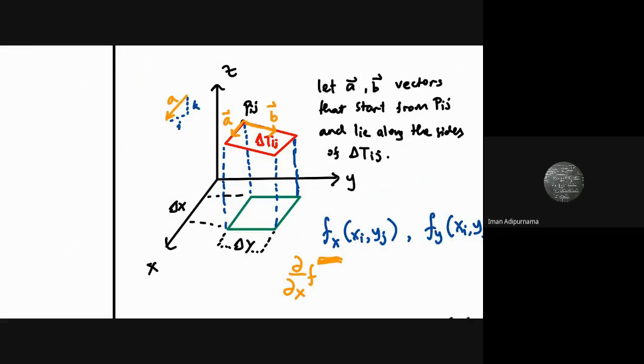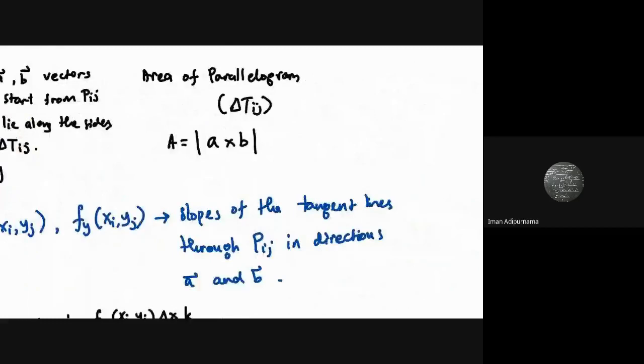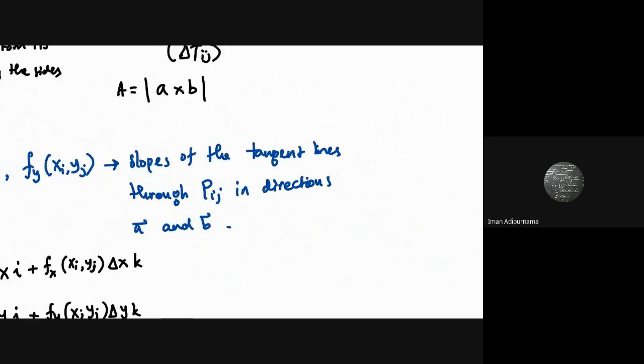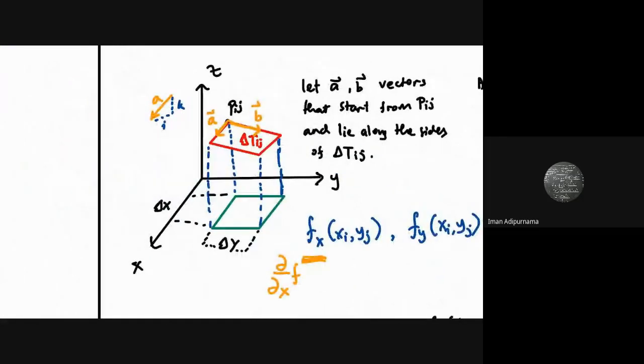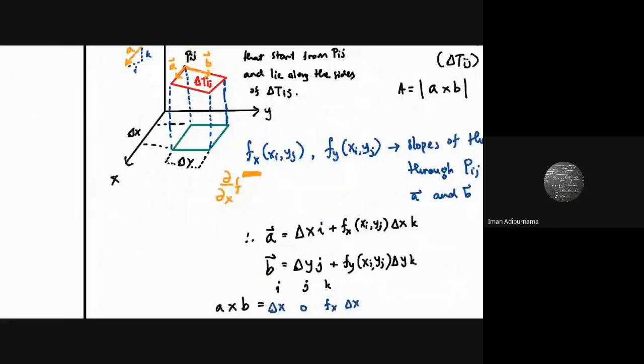The slope of the tangent line through the point P. Okay, did you get it?